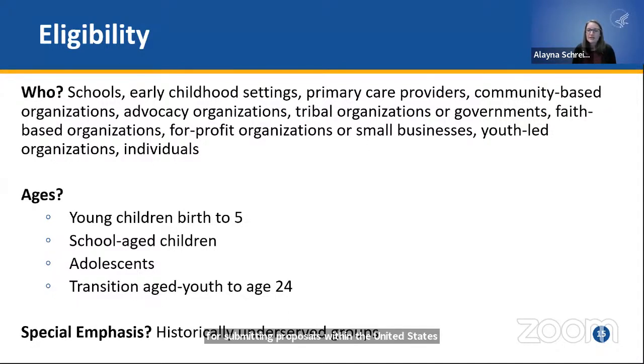We also strongly encourage proposals that advance equity for historically underserved communities. By underserved communities, we mean populations and communities that have been systematically denied a full opportunity to participate in aspects of economic, social, and civic life.